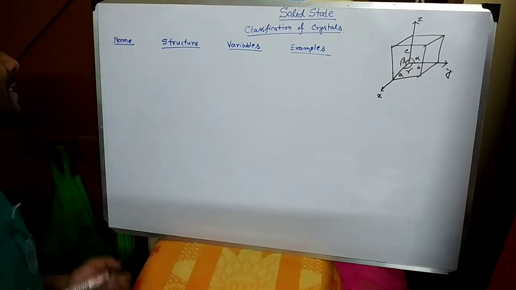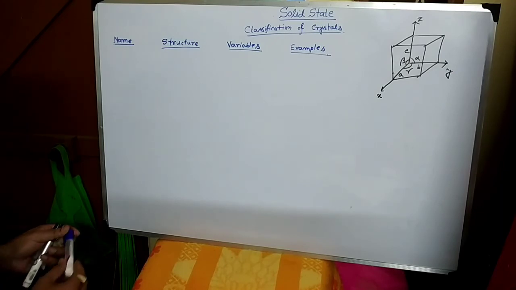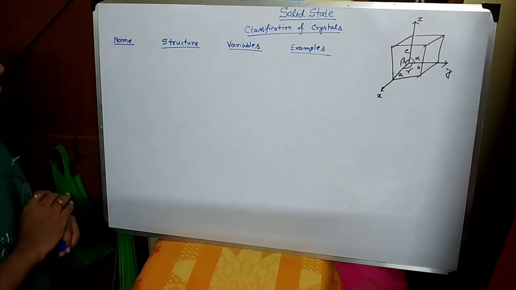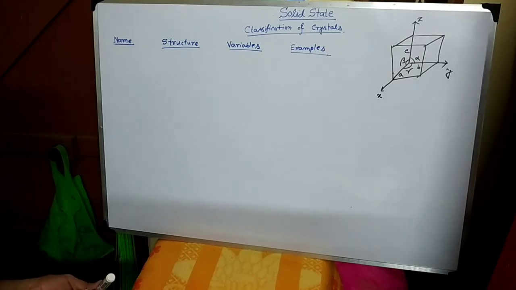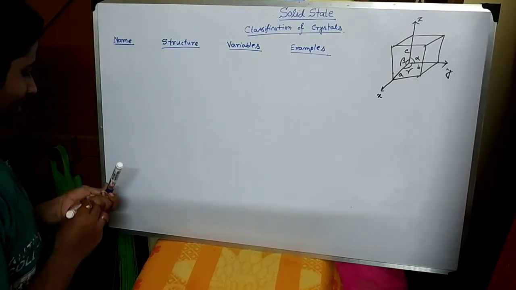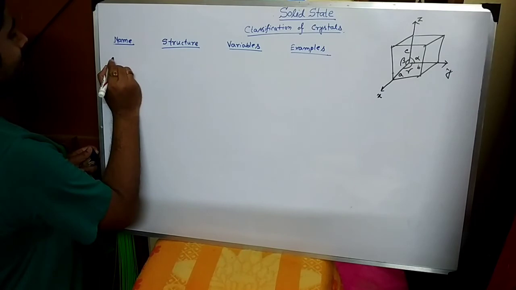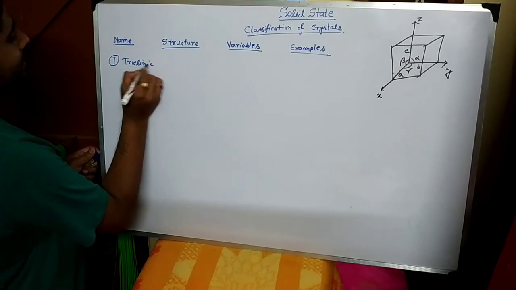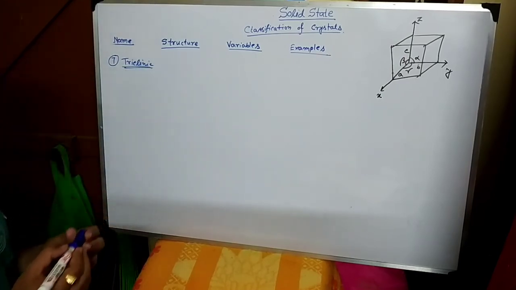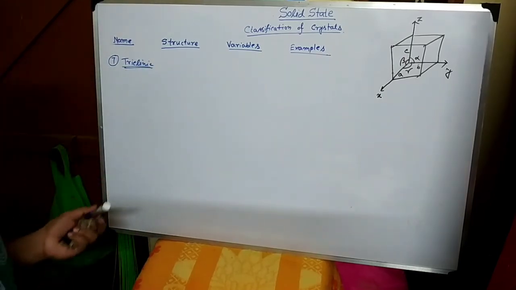But the next one which I am going to draw has no symmetry. It has the least symmetry elements. That is the seventh one, triclinic. So what will be the structure for triclinic?